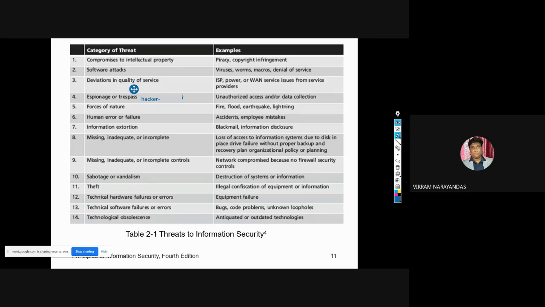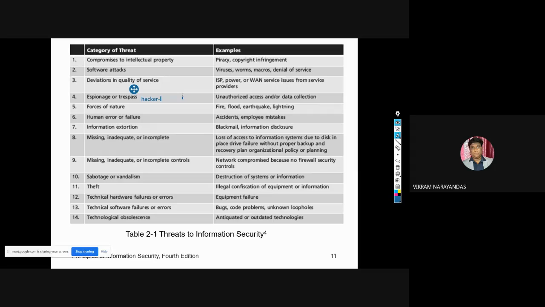A hacker is nothing but a person who accesses information illegally. Hackers use skills and have the skill and fraud to bypass controls. What are the controls you generally use to protect your information?